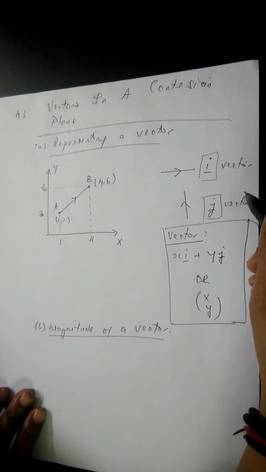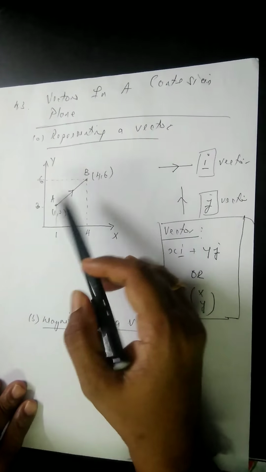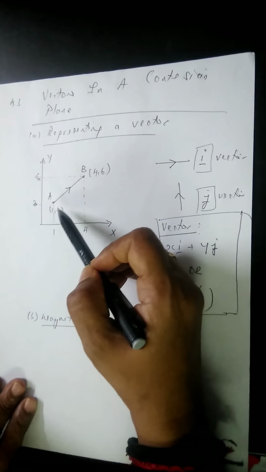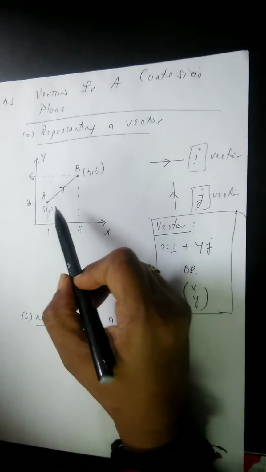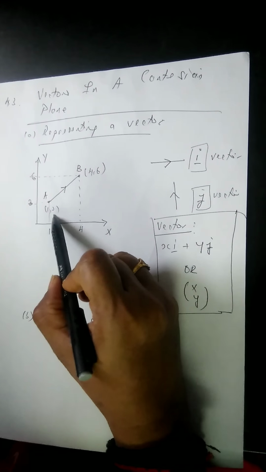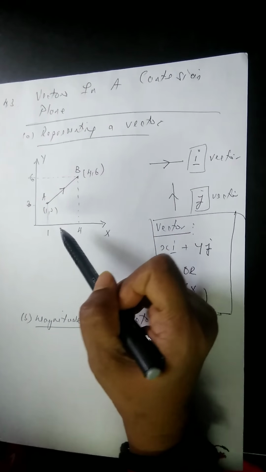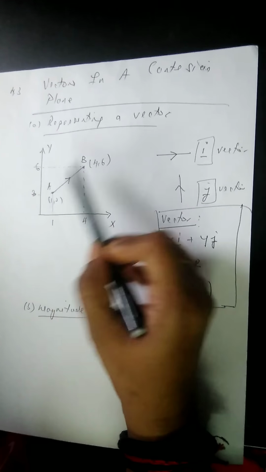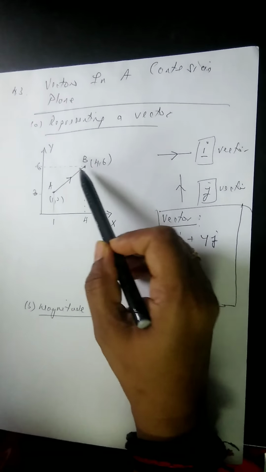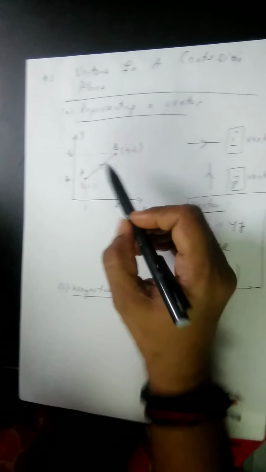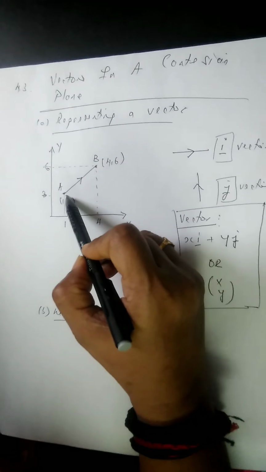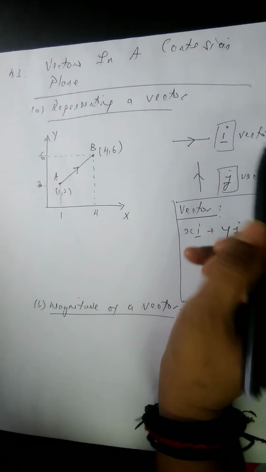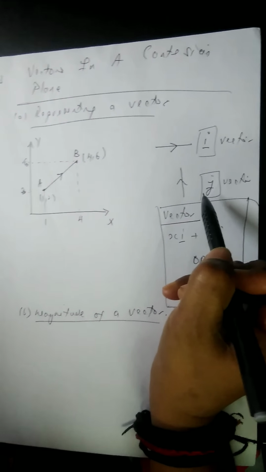Now let's say for an example, we have vector AB. Vector AB is drawn connecting two coordinates, (1, 2) and (4, 6). Just a rough sketch, this is (1, 2) and this is (4, 6). I want to rewrite vector AB using the i and the j vector.